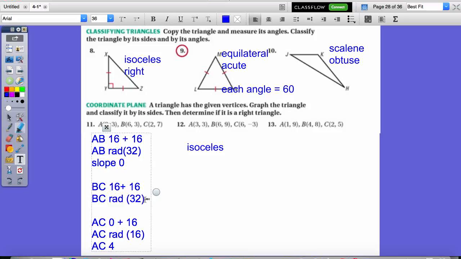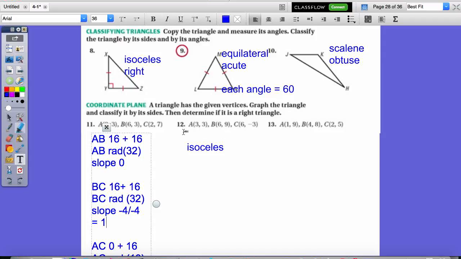Now the slope of BC is 3 minus 7, so that's negative 4 over 6 minus 2. Negative 4 over negative 4, so the slope is equal to 1.